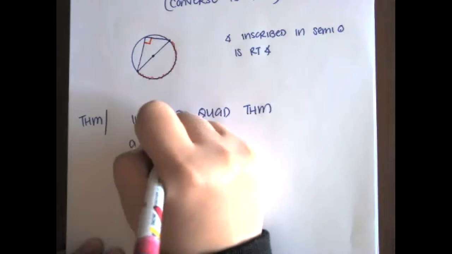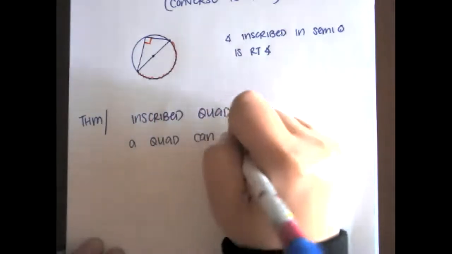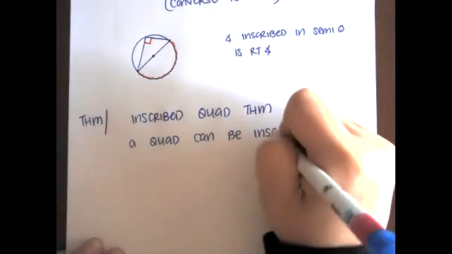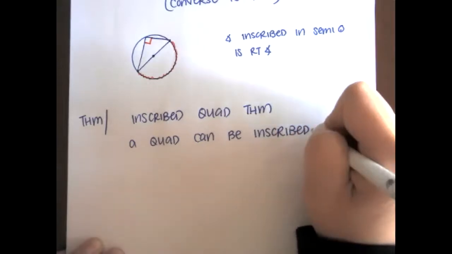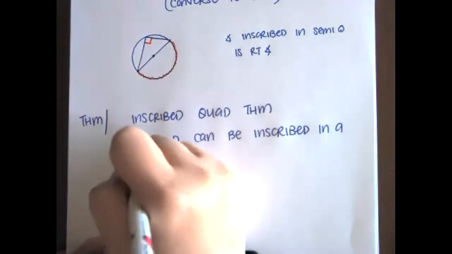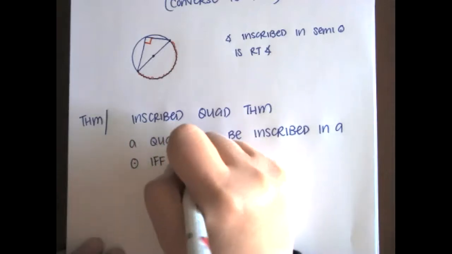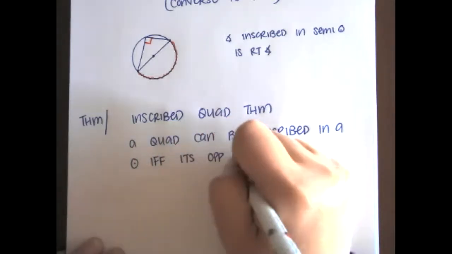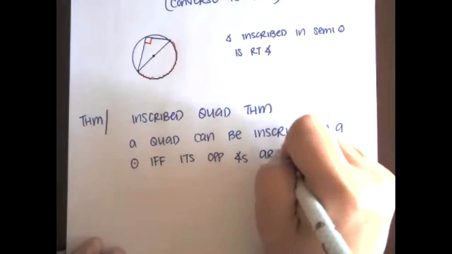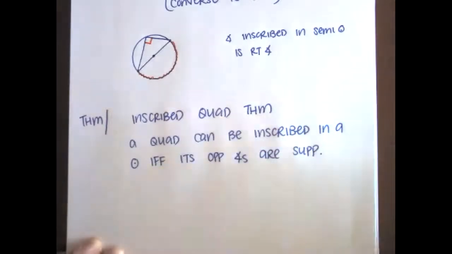So a quadrilateral can be inscribed in a circle if and only if its opposite angles are supplementary. So this is if and only if. So if the opposite angles are supplementary, then the quadrilateral can be inscribed in a circle.